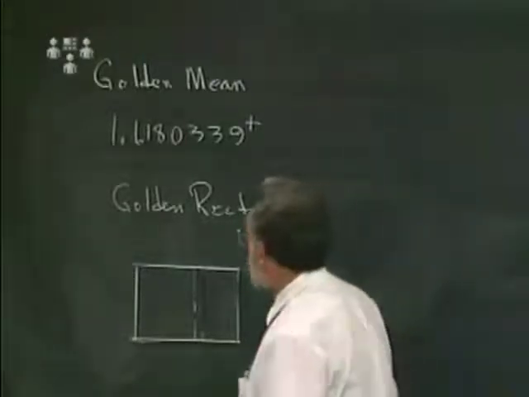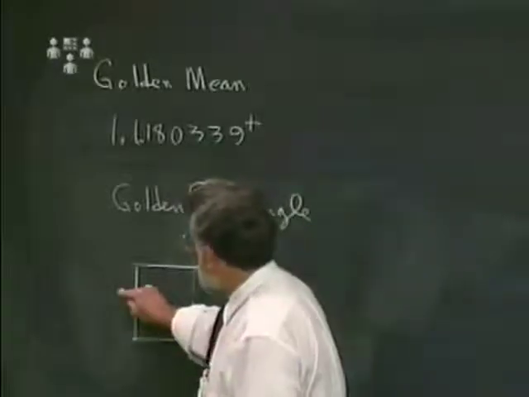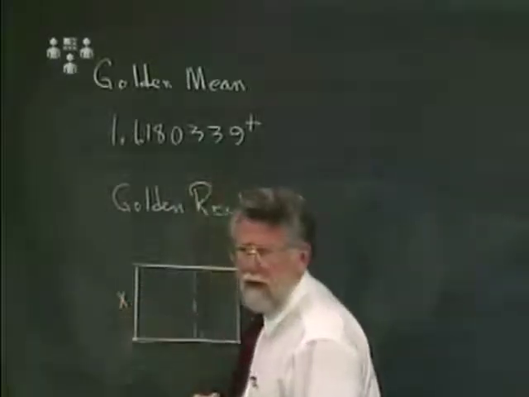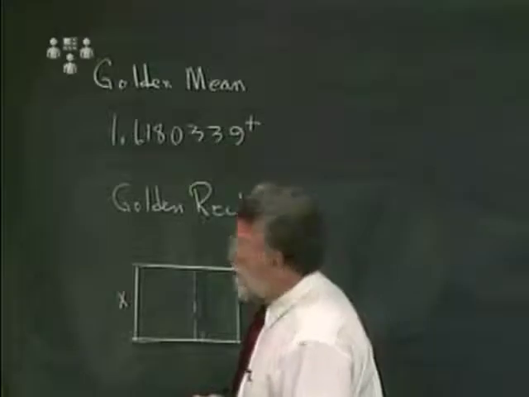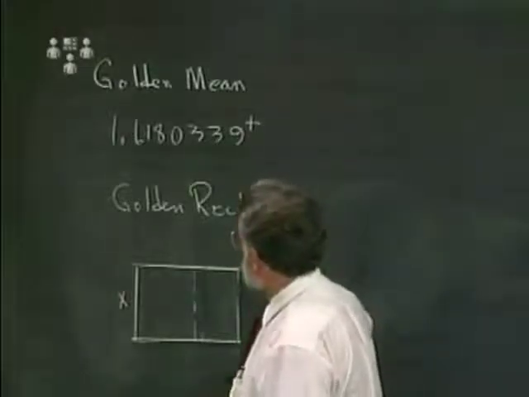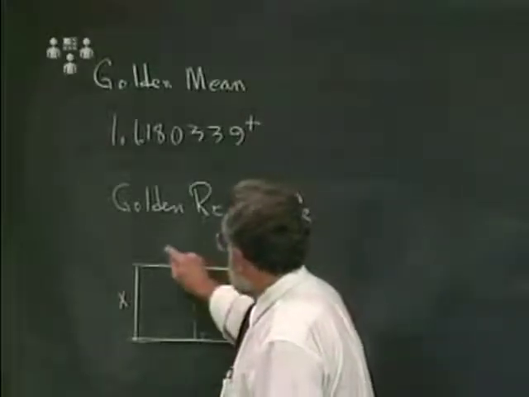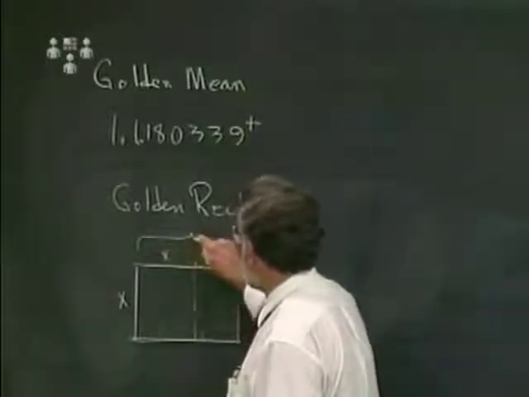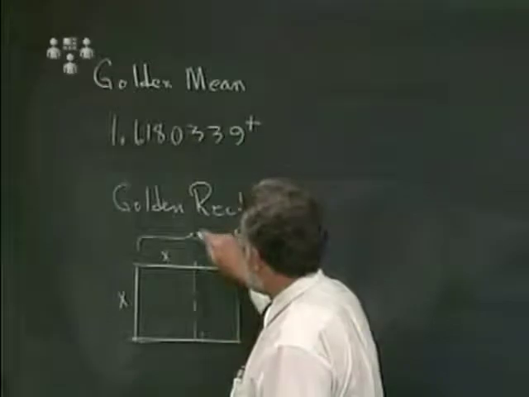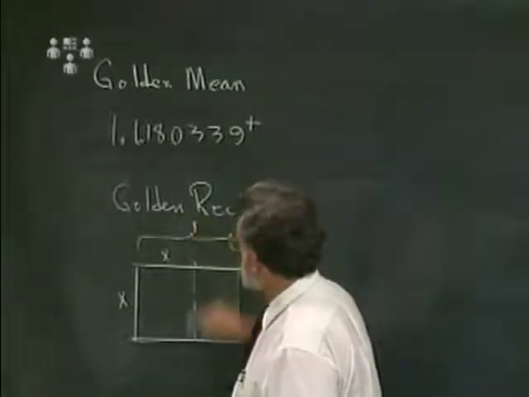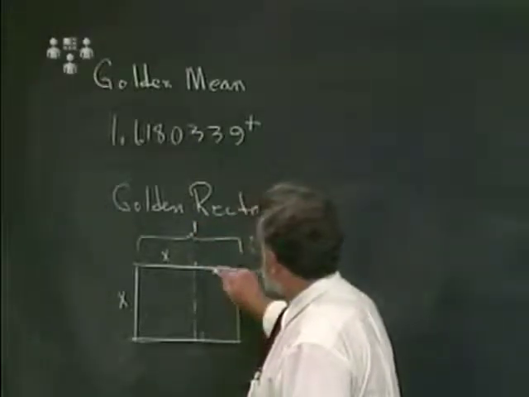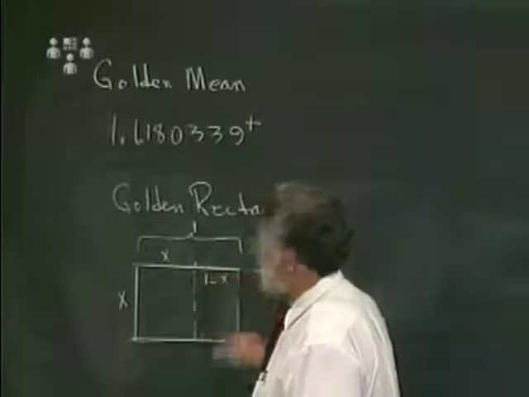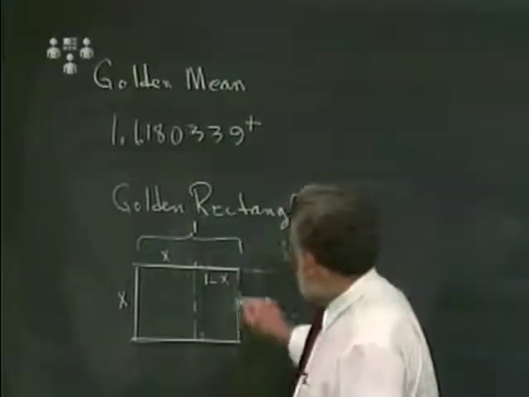And so the way this is often done is to call this side here x. And then what I want is to consider this as x here, and if I consider this whole value here as being 1, then this little portion here is 1 minus x. And this is still x here.